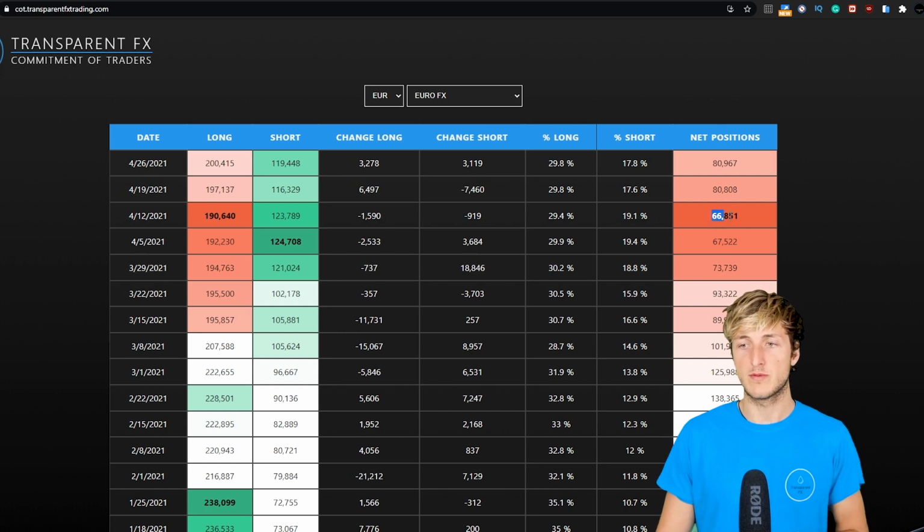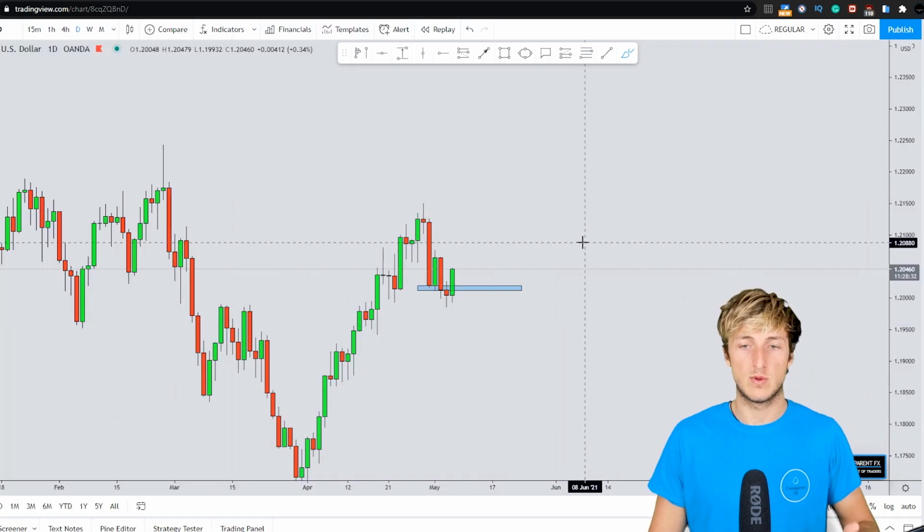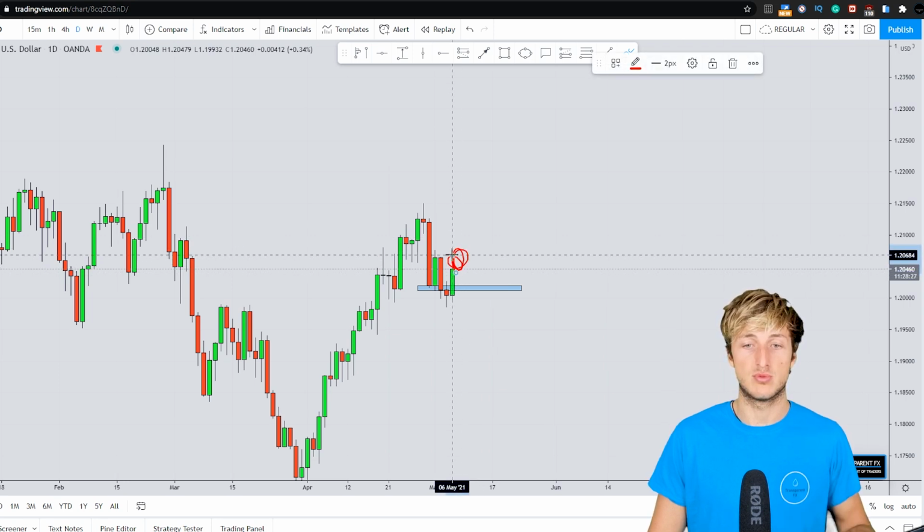In fact, we went from having 66.8k net positions all the way up to having 80.9k net positions, with the longs increasing from 190k to 200k from an institutional perspective, and shorts getting decreased from 124k to 119k. So overall, EURUSD is getting quite bullish from an institutional perspective, with shorts decreasing and longs increasing.